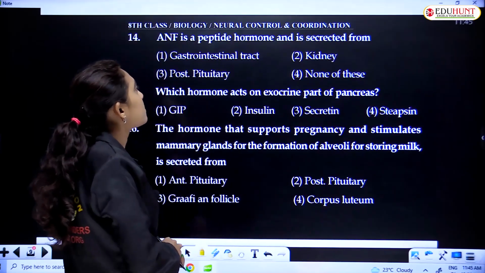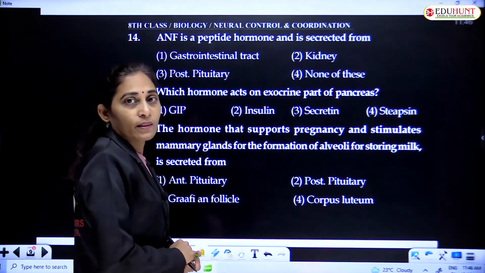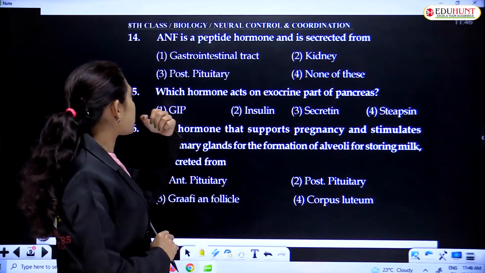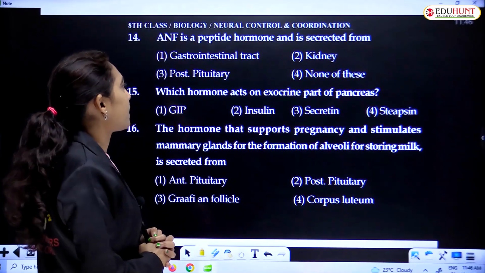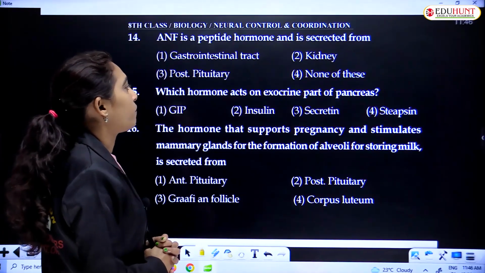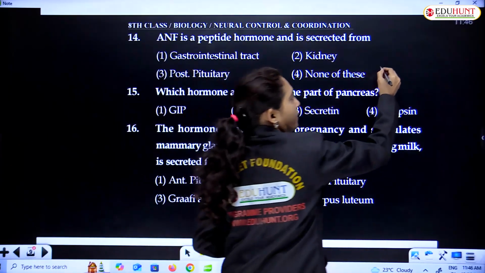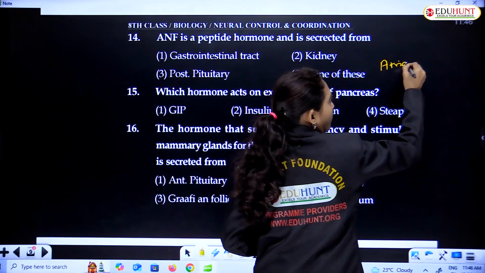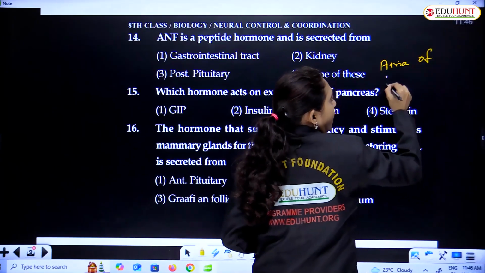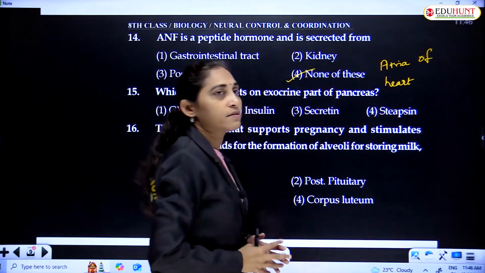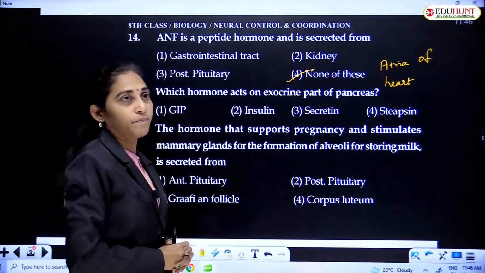It is secreted by the atria of the heart. The options given are gastrointestinal tract, kidney, post-pituitary gland, and none of these. So the heart, or the atria of the heart, secrete this factor, a peptide hormone.